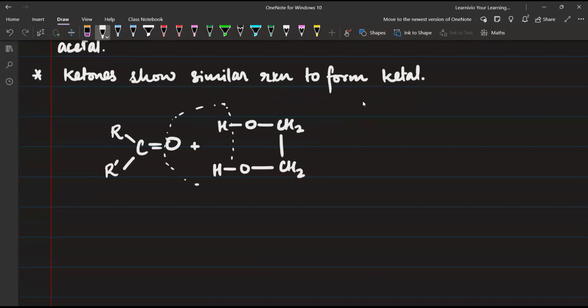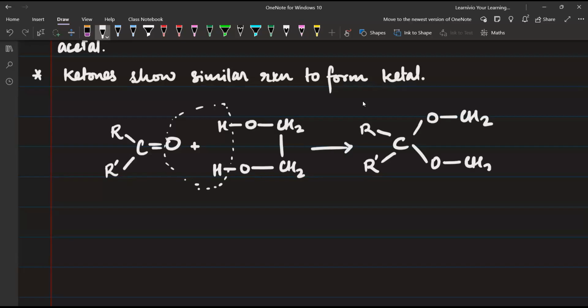The same water molecule is going to be removed, and we will get R bonded to carbon, which is again bonded to another R dash, O, CH2, O, CH2, and there will be a bond like this. This is a cyclic ketal.